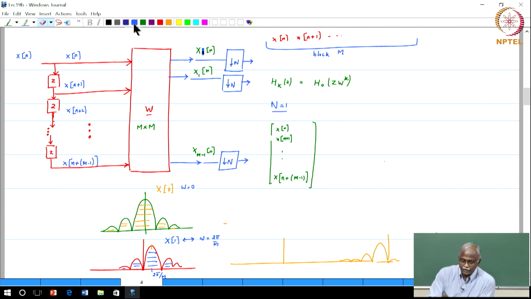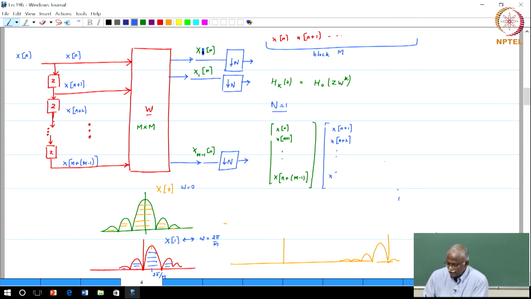At the next time instant, the vector for which you will be taking the DFT, if you do not do anything in this structure, will be x of n plus 1, x of n plus 2, because all of the samples would have moved by one unit.